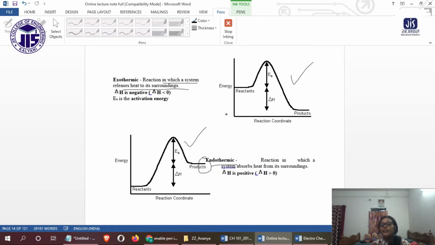While for the second case, the internal energy of the reactant is less than the internal energy of the product, so for this production, heat will be absorbed from the surroundings. So for the exothermic reaction, delta H is negative, and for the endothermic reaction, delta H is greater than 0, that is positive, okay.